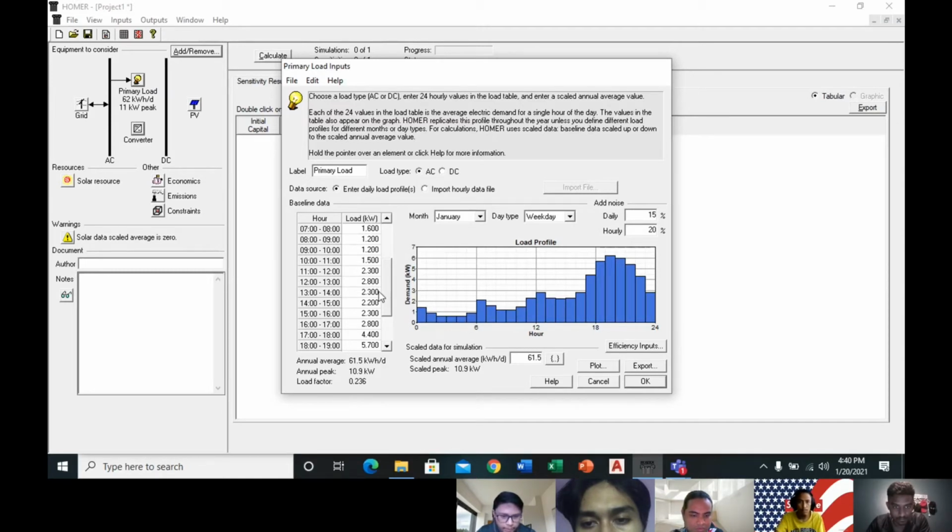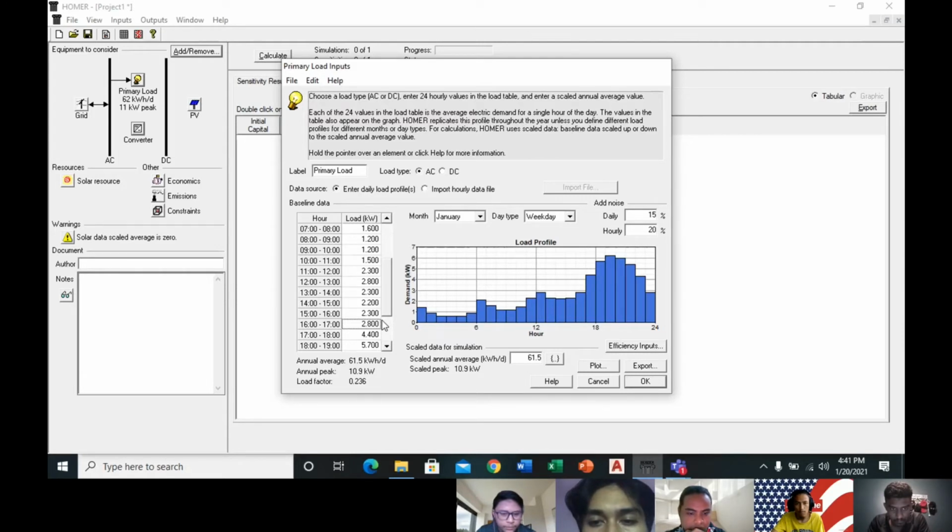Then it decreases to 2.3 kilowatts per hour from 1 p.m. to 2 p.m. Then it decreases to 2.2 kilowatts per hour from 2 p.m. until 3 p.m. Then from 3 p.m. to 4 p.m. it increases to 2.3 kilowatts per hour. Then from 4 p.m. until 5 p.m. it increases to 2.8 kilowatts per hour.